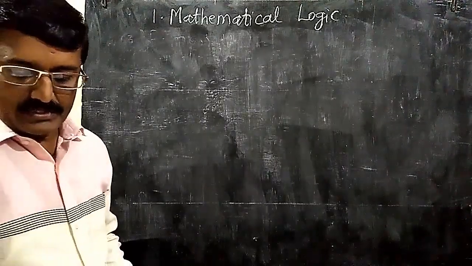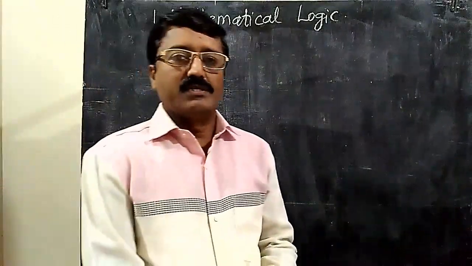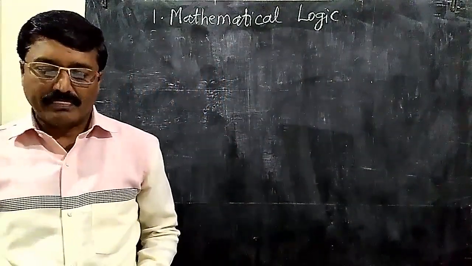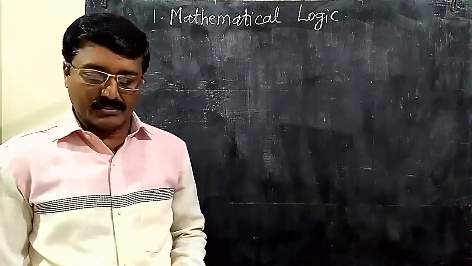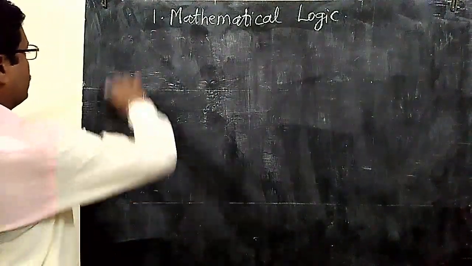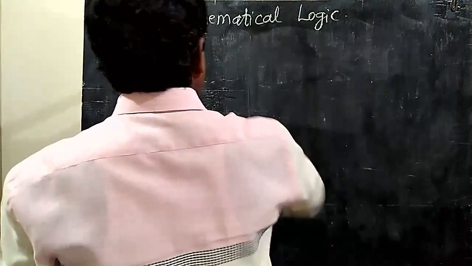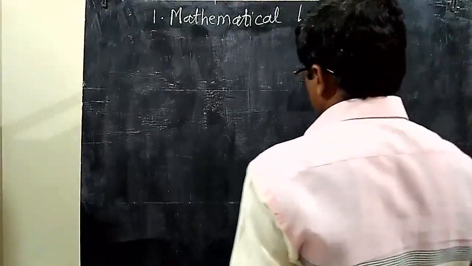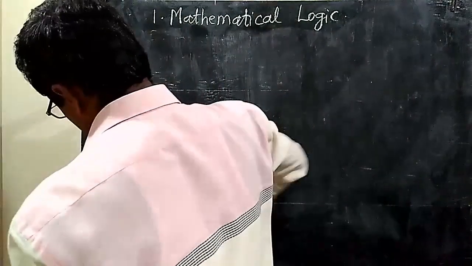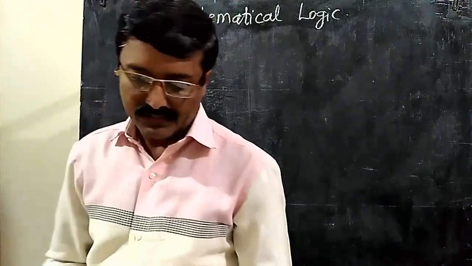In the fourth type of example, we will simplify the given switching circuit so that the number of switches will be less. For that, let us take one somewhat complicated switching circuit.